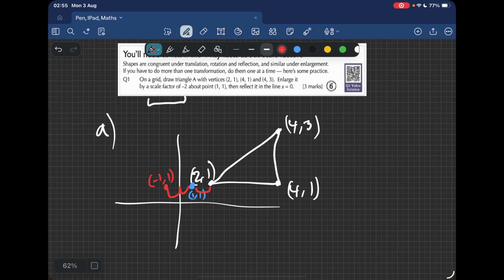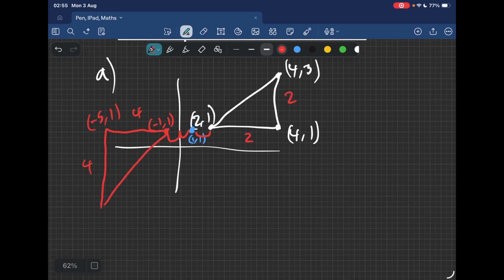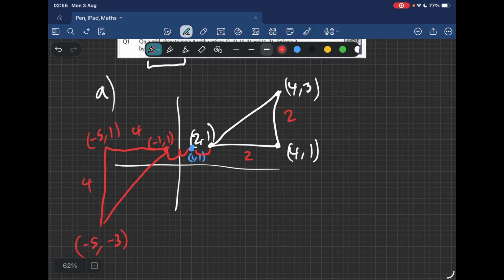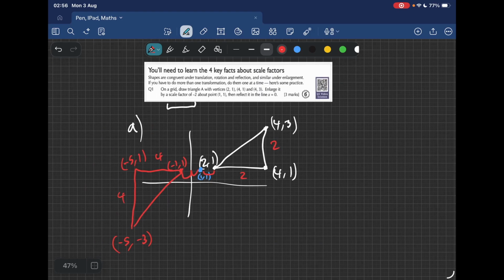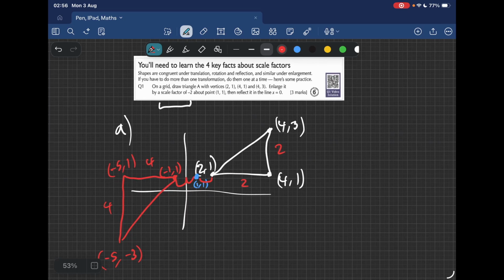Now we can work through using our length enlargement. This has a length of 2, this has a length of 2, so we're going to have a length of 4 and a length of 4. So we can add 4 on here, we can have (-5, 1), and then down here. And this is our enlarged triangle by our scale factor.